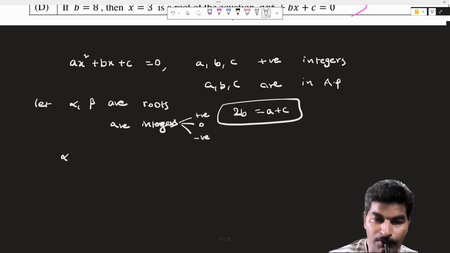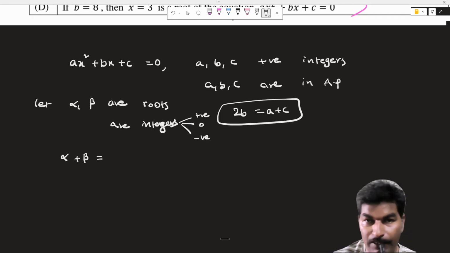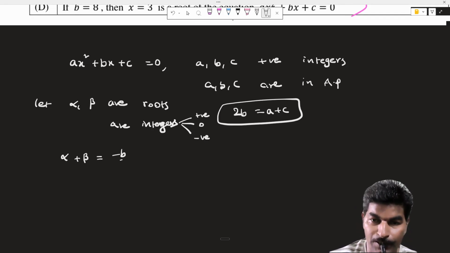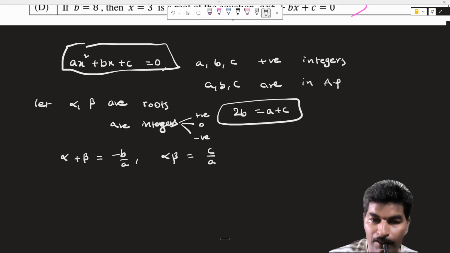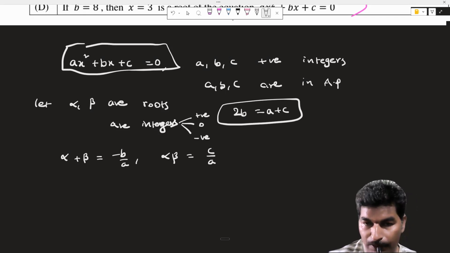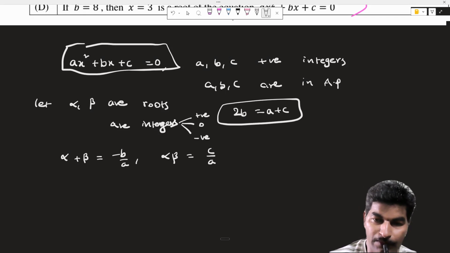So which one should we assume for alpha and beta? We will decide by the general conditions: alpha plus beta, the sum of the roots, is minus b by a, and the product of the roots, alpha into beta, is equal to c by a, from this quadratic equation. The sum is negative, and the product is positive.